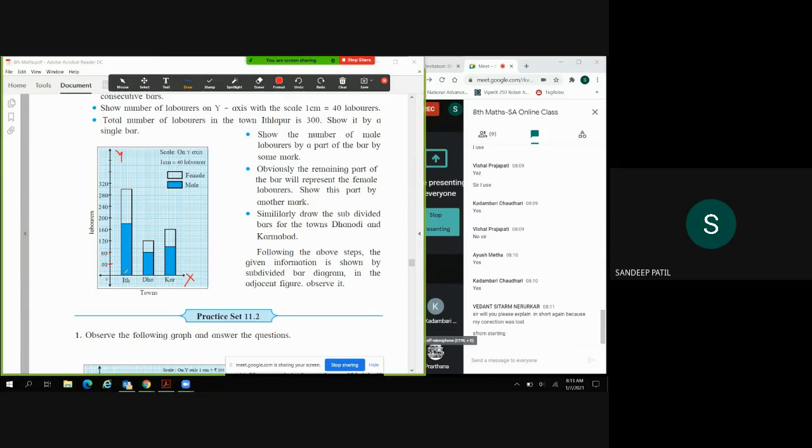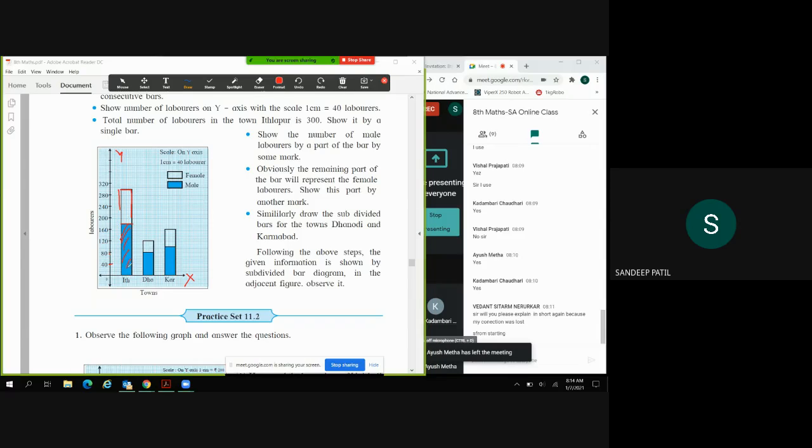Then for Italpur, there are 300 laborers in total, so we made this bar of 300 total laborers. Then we marked 180 for the male laborers and shaded it with one color.